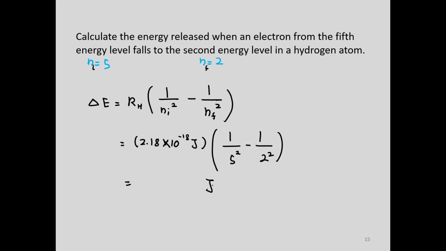And if, okay, tolong calculate untuk saya. Dapat berapa? Negative 4.578 power negative 19. Alright.